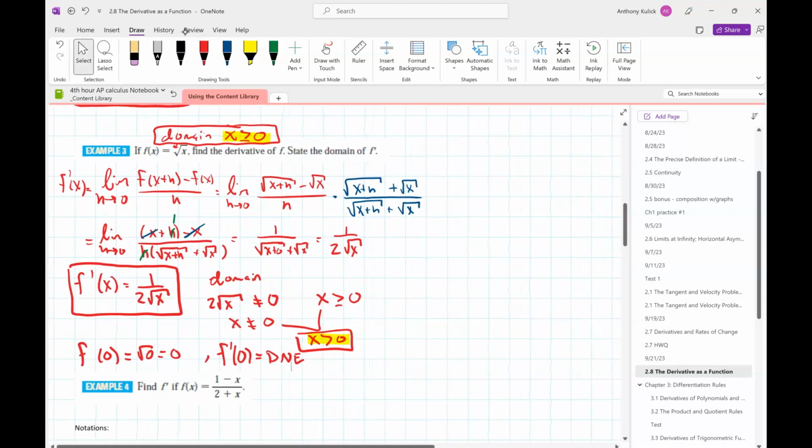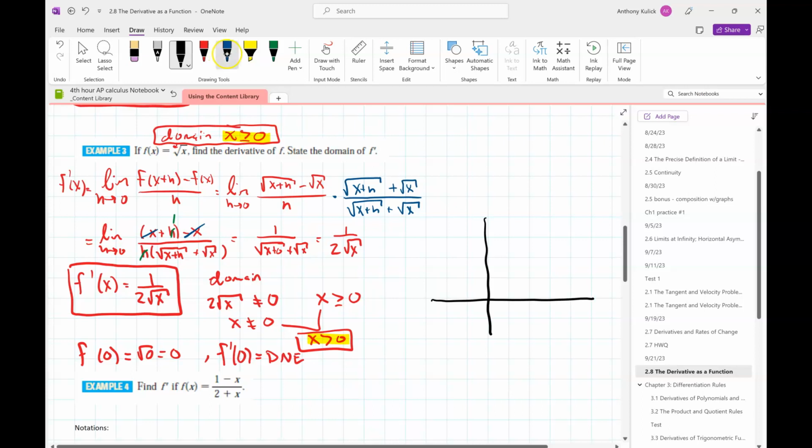This is the way to think about it. If we think about f of x, it kind of looks like that, right? If I look at this point, the derivative is a limit, correct? What's the left-hand limit of this function?